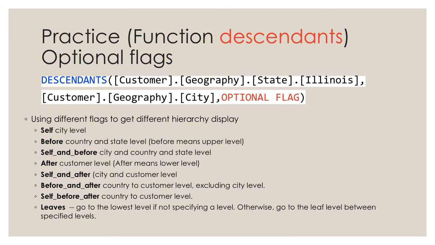So self and before includes city, country, and state. Self includes itself. After means customer level, which is the lower level. The lowest level below city is customer key, that's the lowest level. Self and after includes all of those.